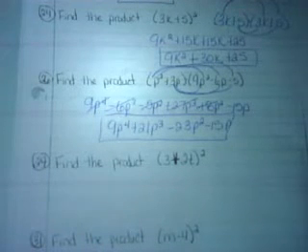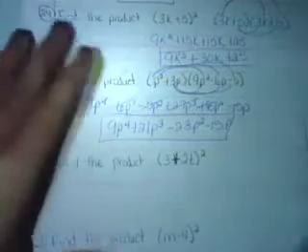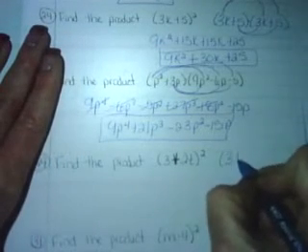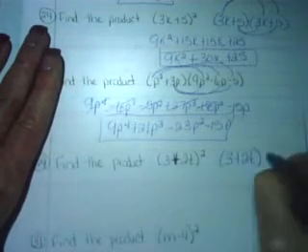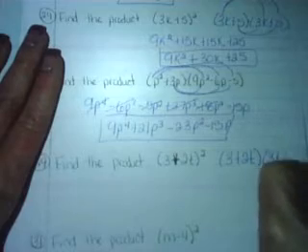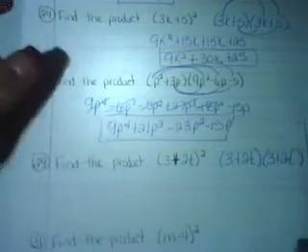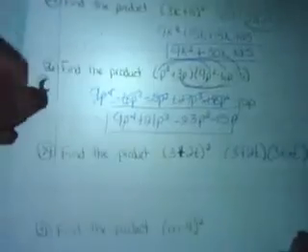Find the product. Okay, what do I have to multiply? I have 3 plus 2t times 3 plus 2t. Again, we are just going to distribute.